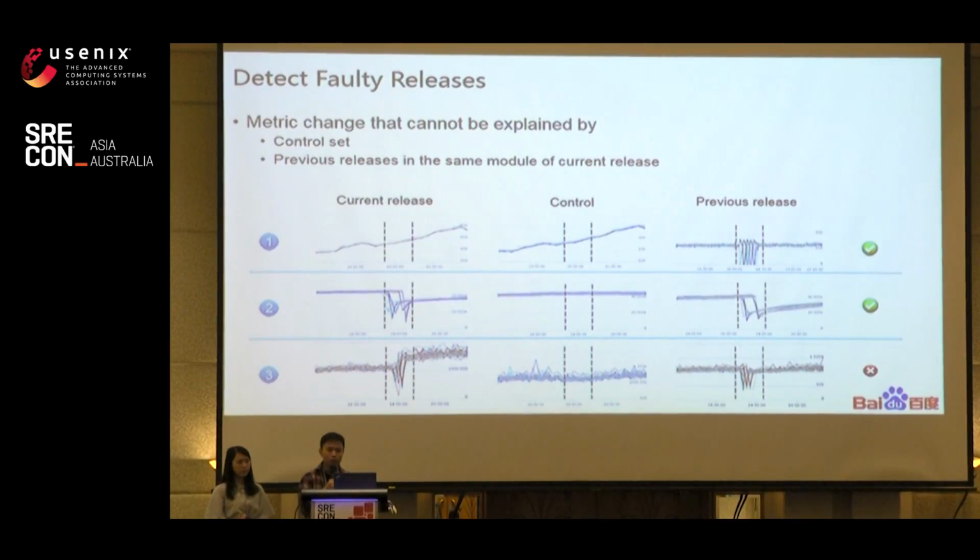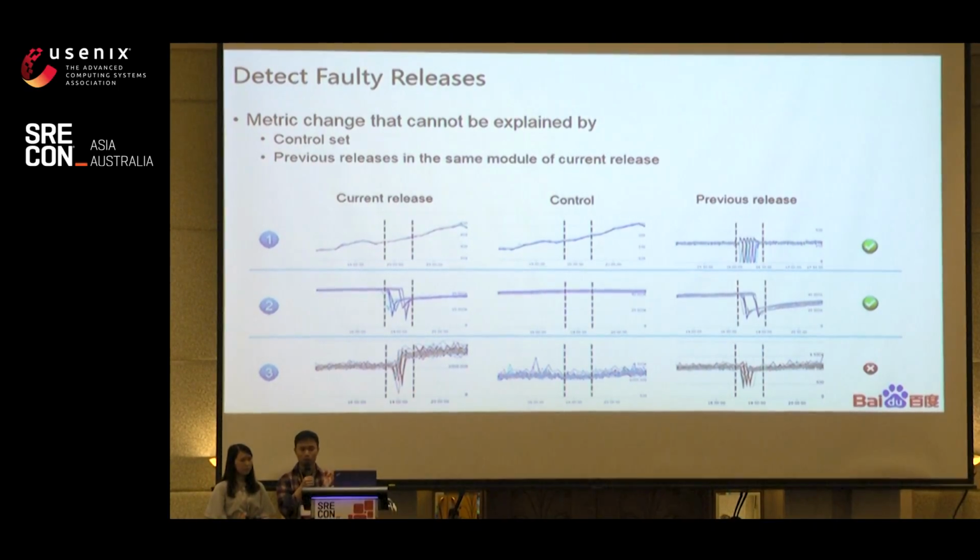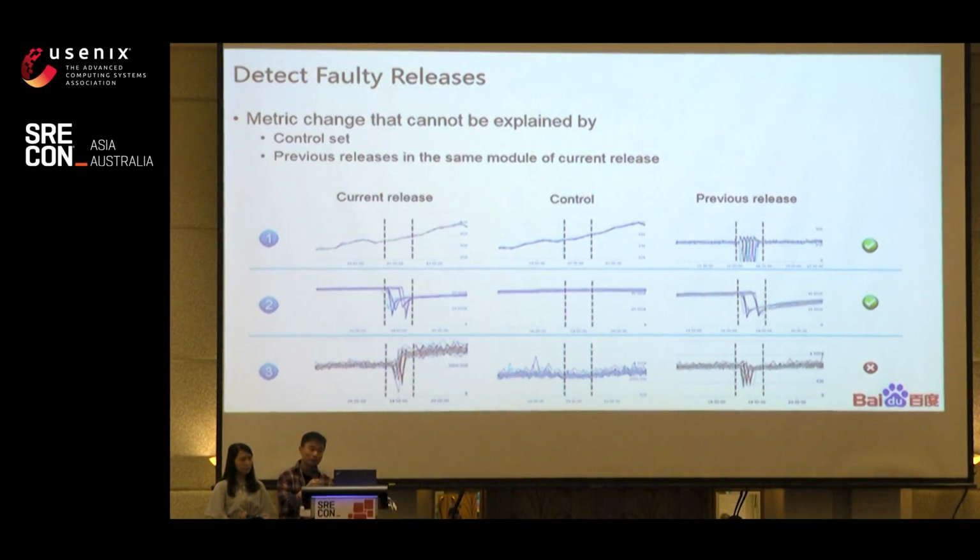Because the release will take some time to finish its procedure, when we compare the data after the release against the data before the release, there's always a step on the metric. So the sudden change is actually natural in this case.